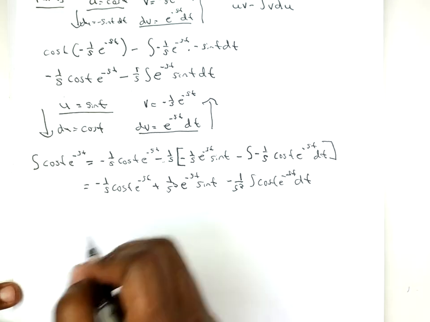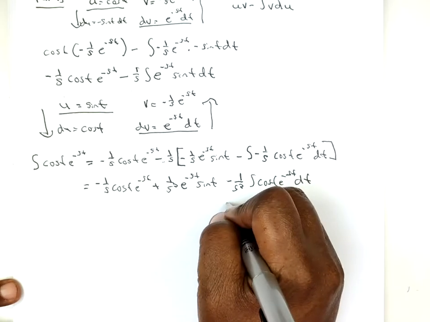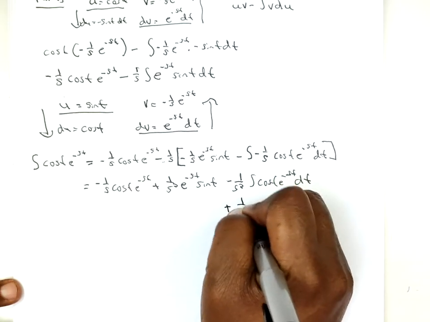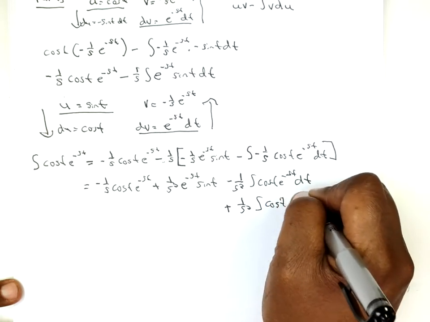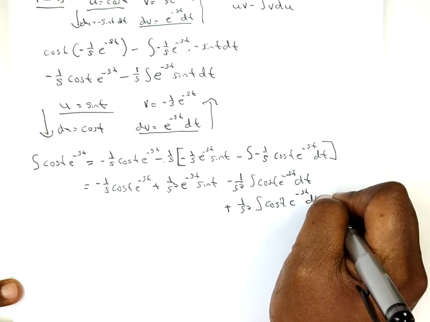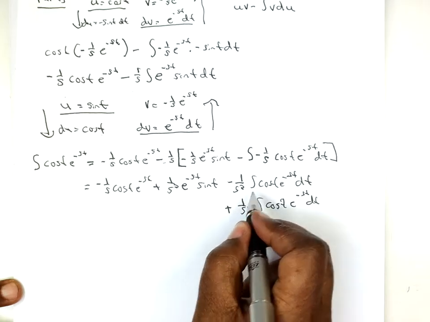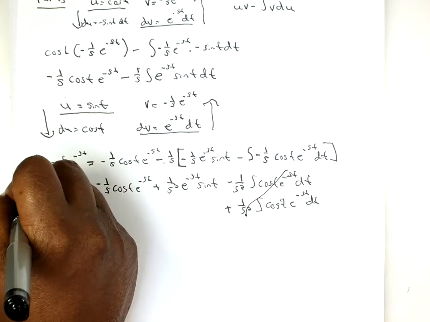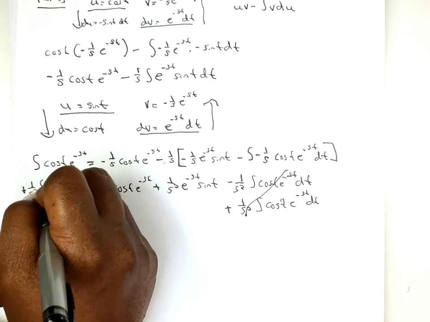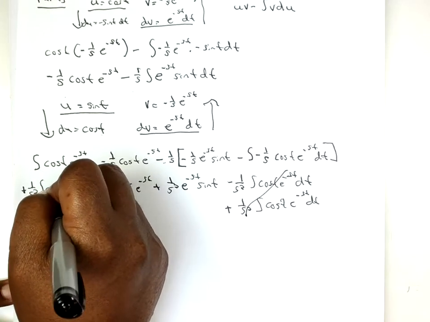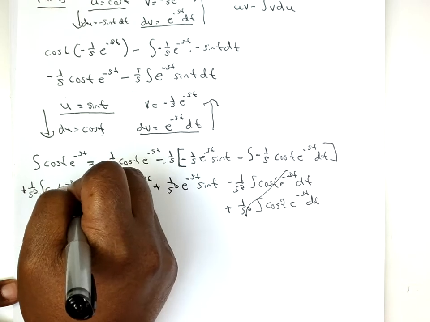Alright, so this I need to move over to the other side. So I have to add 1 over s squared cosine t e to the negative st dt here to get rid of that, and then I have to do the same thing on the other side. 1 over s squared cosine t e to the negative st dt.